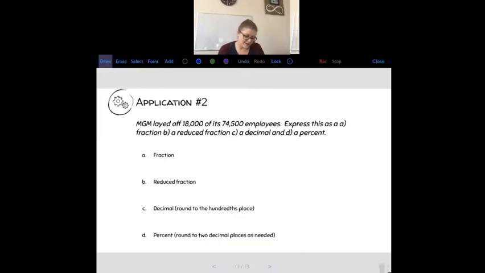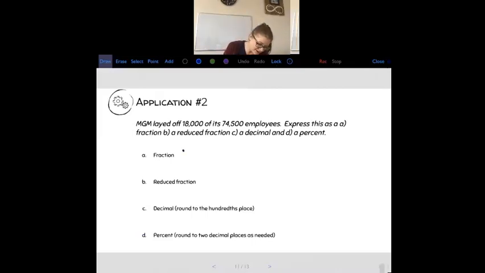Another example that you'll see in the notes is taking a certain ratio or a given fraction, expressing it as a fraction, a reduced fraction, a decimal, and a percent. So it says MGM laid off 18,000 of its 74,500 employees. Express this as a fraction, reduced fraction, a decimal, and a percent.